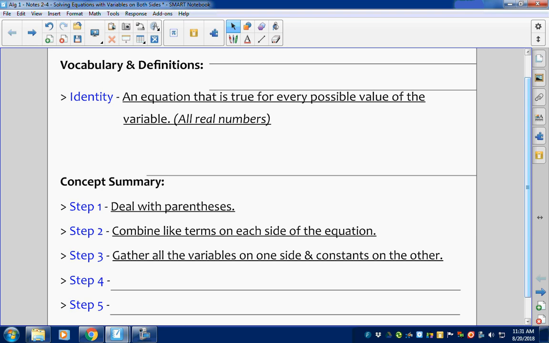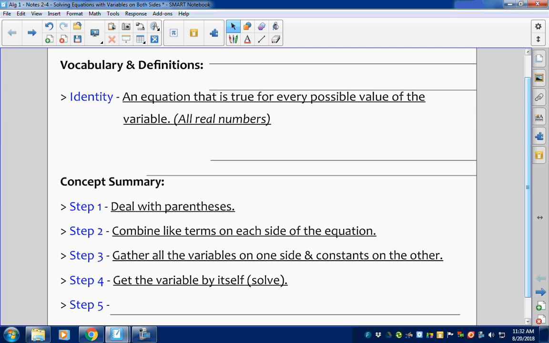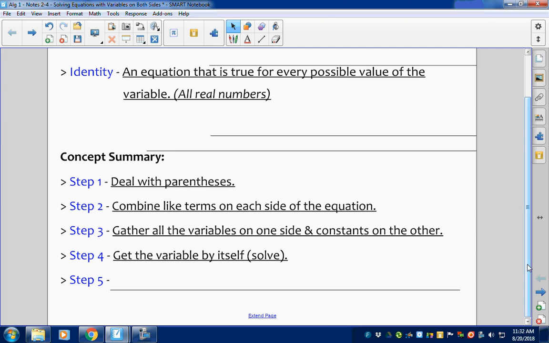Gather all variables on one side, constants on the other. And step 4 is get the variable by itself. That's when you start doing inverse operations. So get the variable by itself, solve.